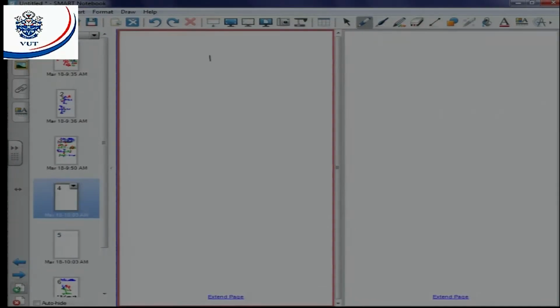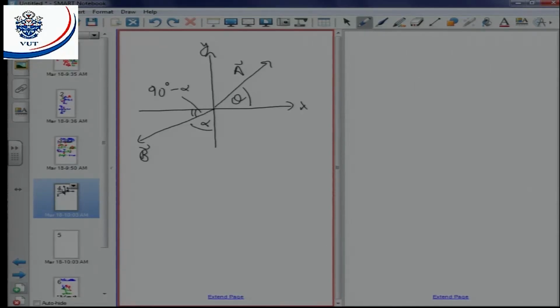Remember that we had A forming an angle theta with respect to the x-axis, that's our y, that's our x, and then we had the vector B at an angle alpha with respect to the y, and we said the other angle, which is the smaller one, is just 90 degrees minus alpha.